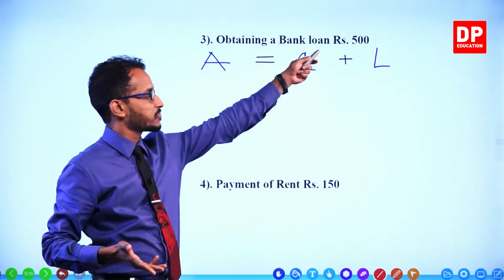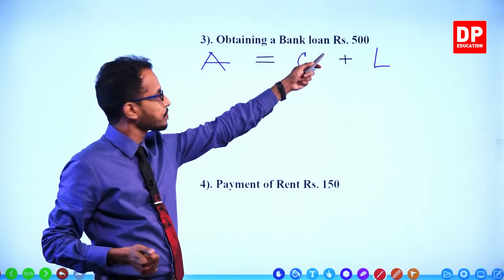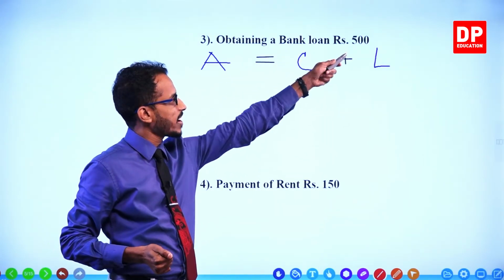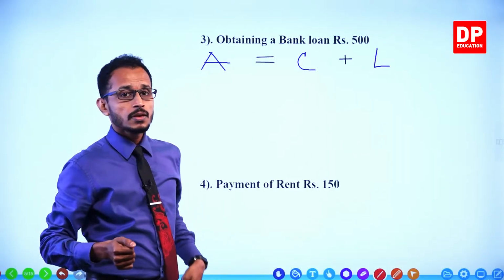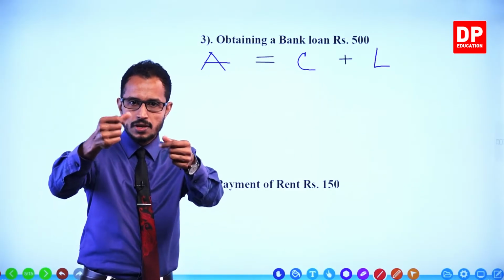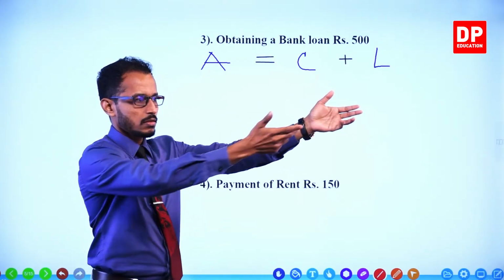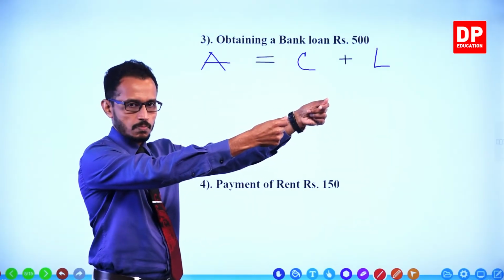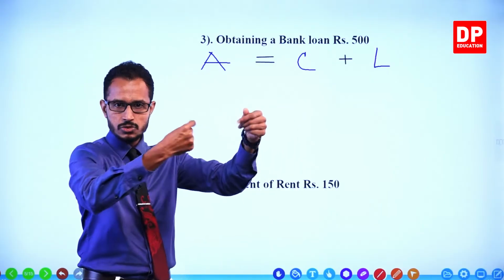I'll read out the transaction for you. You tell me the dual impact. Obtaining a bank loan, 500. Yeah, we are taking a loan from a bank. Okay. Cash comes into the business.